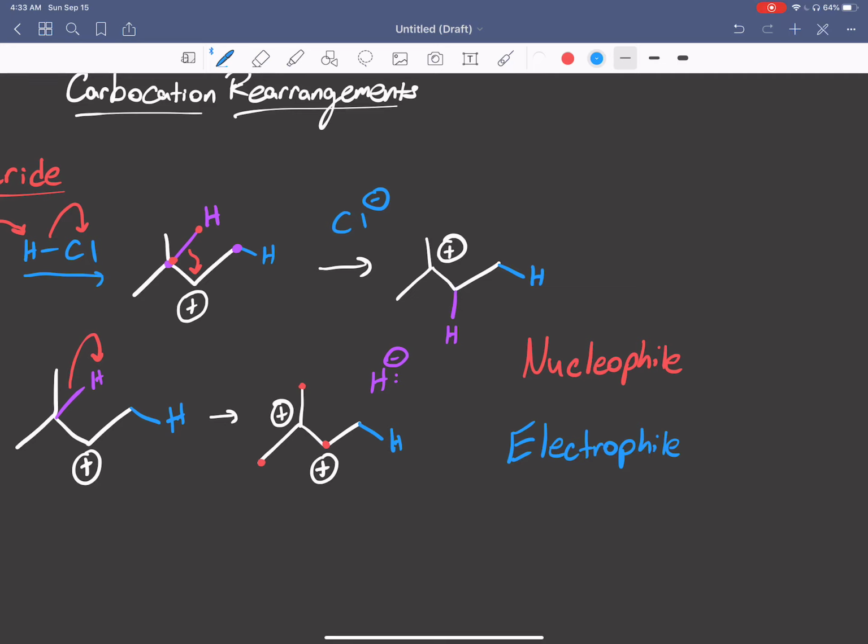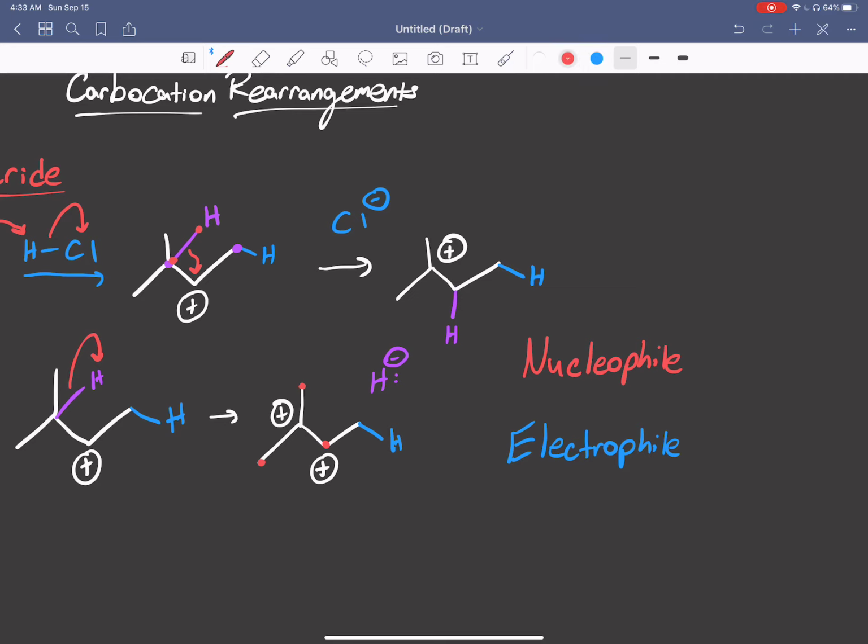Okay, and so which carbon is the more electrophilic carbon? It's the carbon that's going to be the easier target for negatively charged electrons, therefore the more positive carbon, or the carbon with less substitution on it.